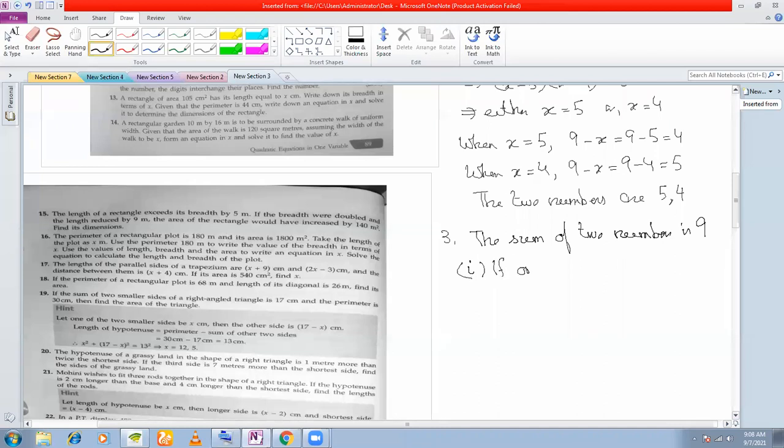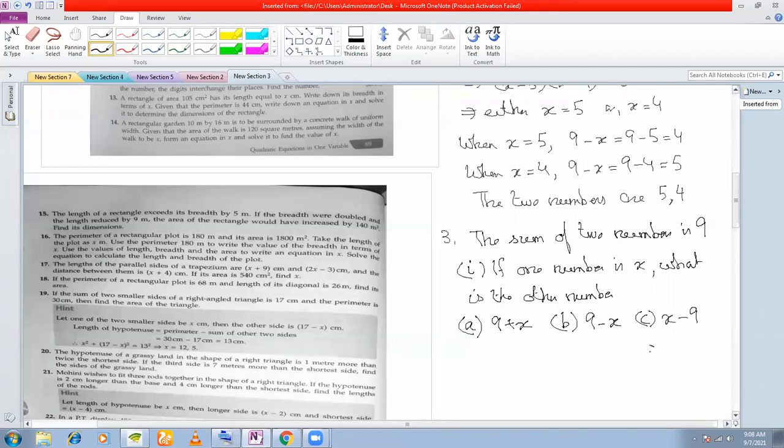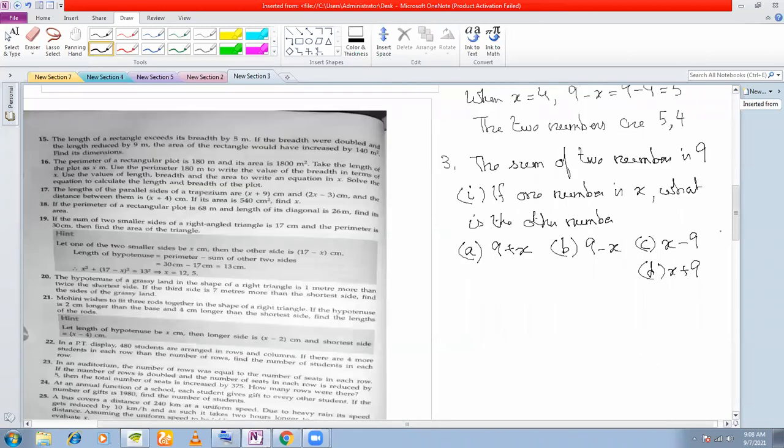Okay, and then the first part: if one number is x, what is the other number? And your options are, okay, these are your options.